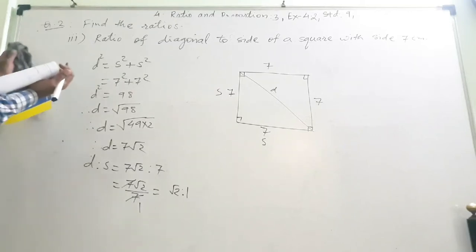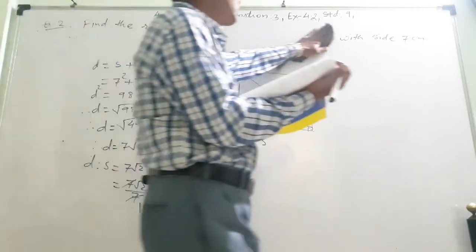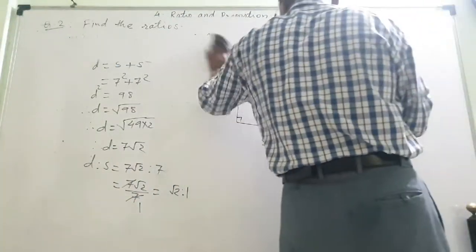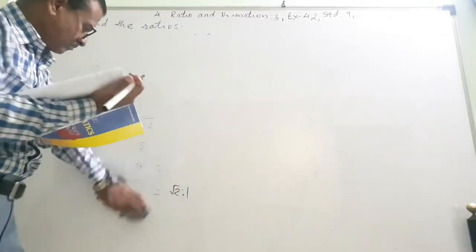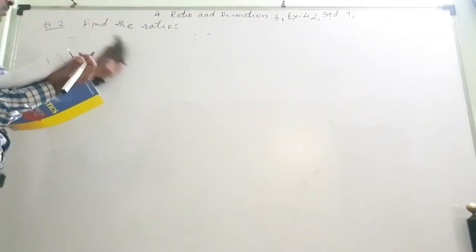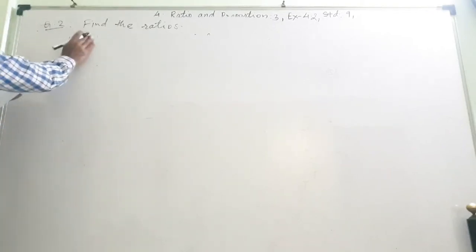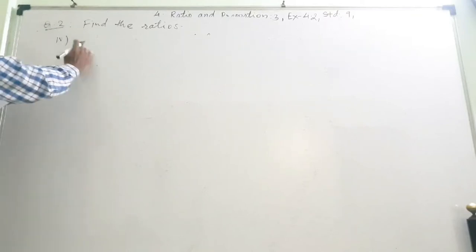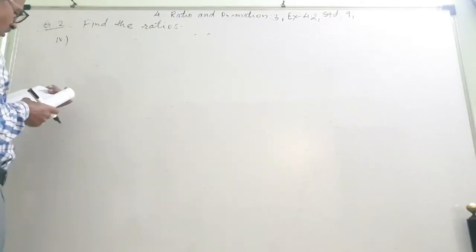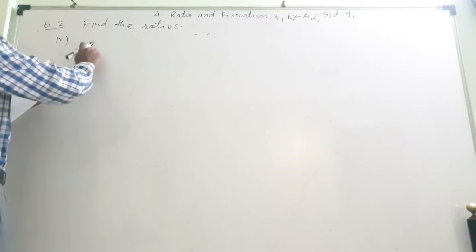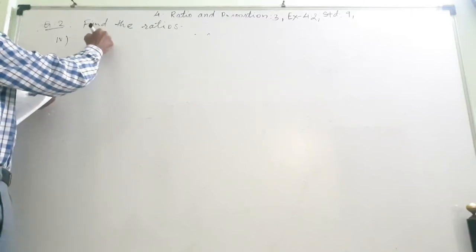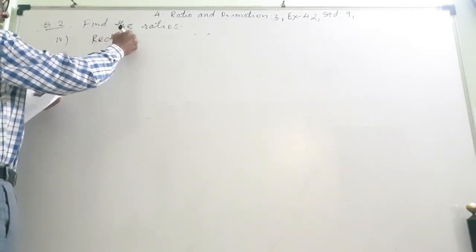So the fourth one. These are small questions but important questions. Fourth one. In a rectangle, what is given? A rectangle is given.